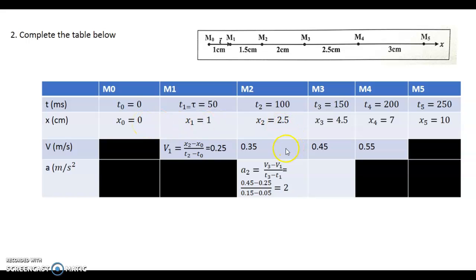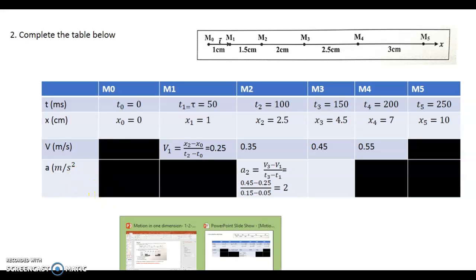Or for v2 you say it is equal to 0.045 minus 0.01. So you have to convert x from centimeter to meter, and you have to convert the time from millisecond to second by dividing by 1000. So please make sure that you fill in the values according to the given unit here, especially if it is the SI unit.